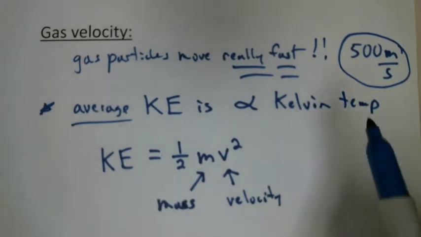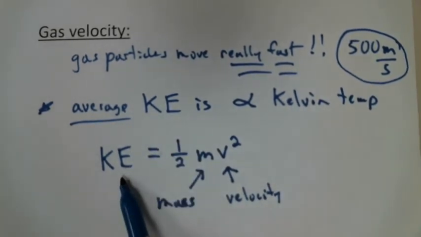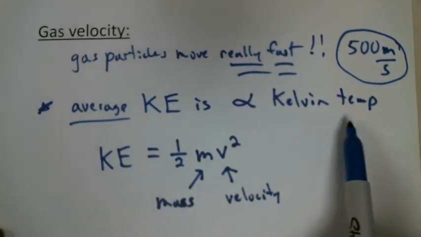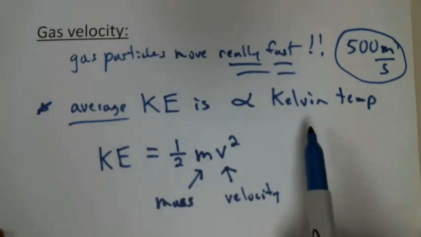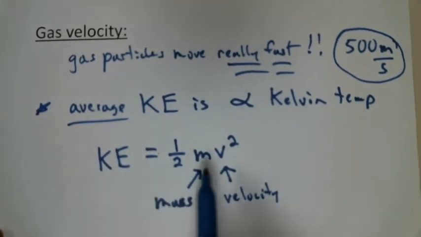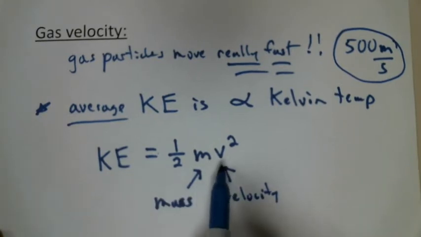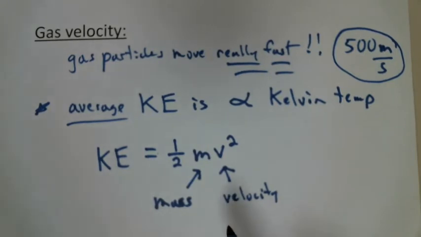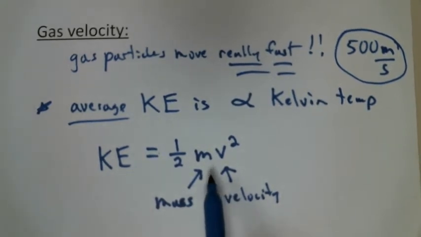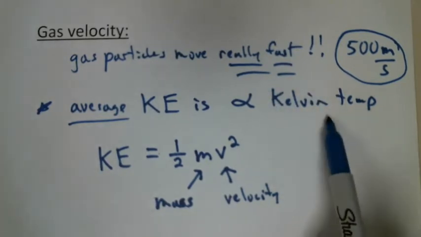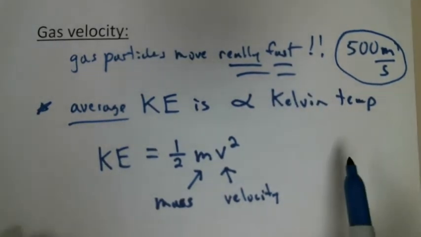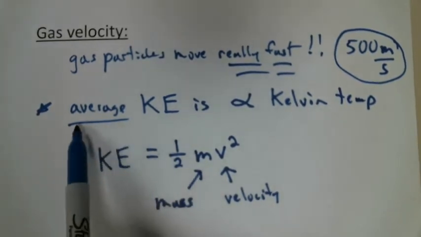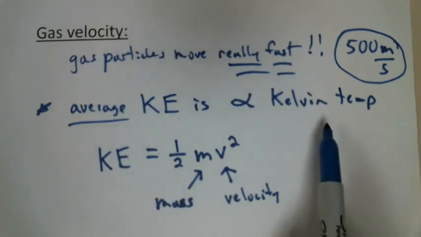But if we know that the average kinetic energy for a collection of particles is directly proportional to Kelvin temperature, then we can relate something to do with the velocity of the particles and the temperature, right? And then the other thing is, look at this equation. Well, if all the particles are at the same temperature, meaning they're all in the same container, there's a distribution of kinetic energies, but the average kinetic energy is that temperature.